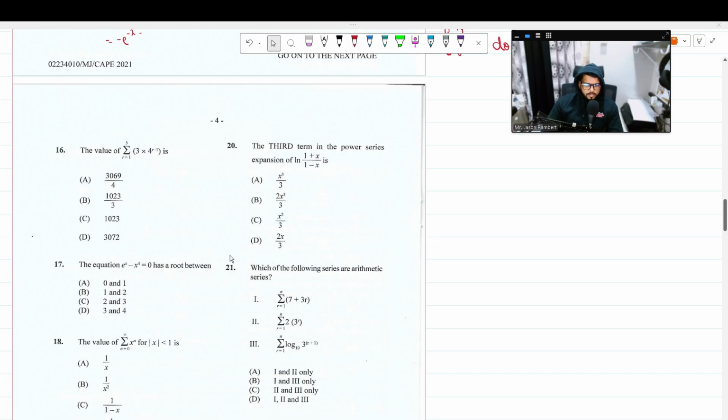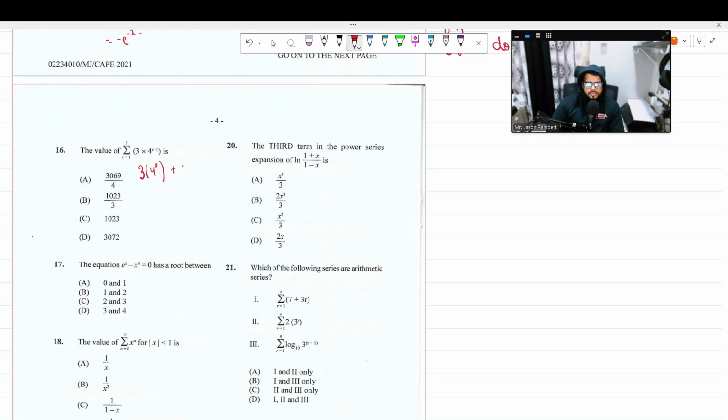The sum from r equals 1 to 5 of 3 by 4 to the power r minus 1. Let me see if this is an AP or a GP. We can do that, or we can just list out all 5 terms. It's just 5 terms, so let me list it out. When r is 1, I get 3 multiplied by 4 to the power of 0.